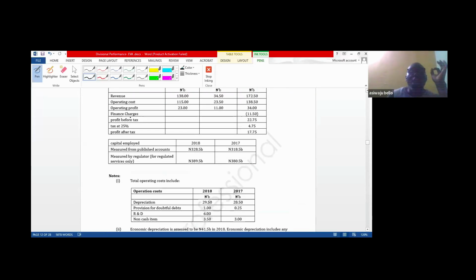Go and check your income statement. Finance charges. This is the interest, 11.5. Your tax rate, 25%.